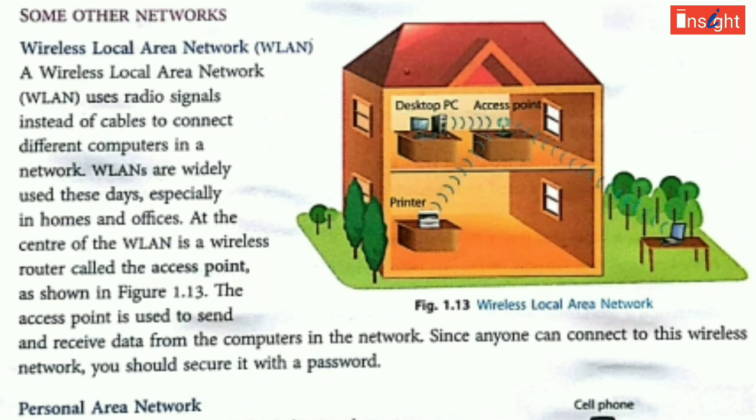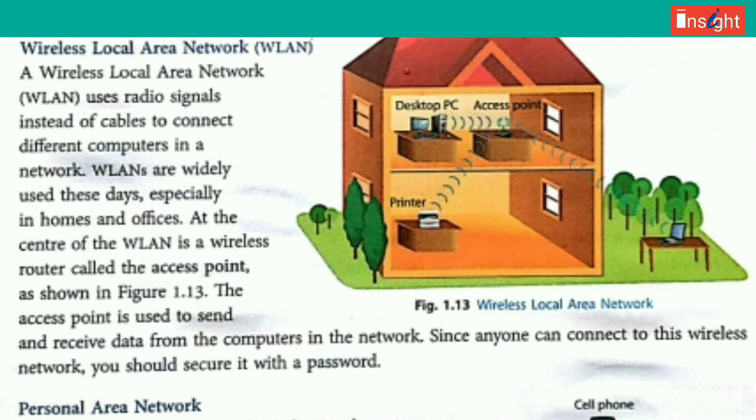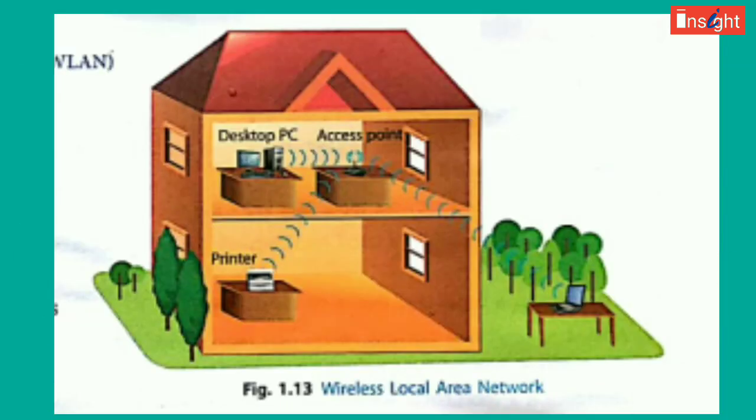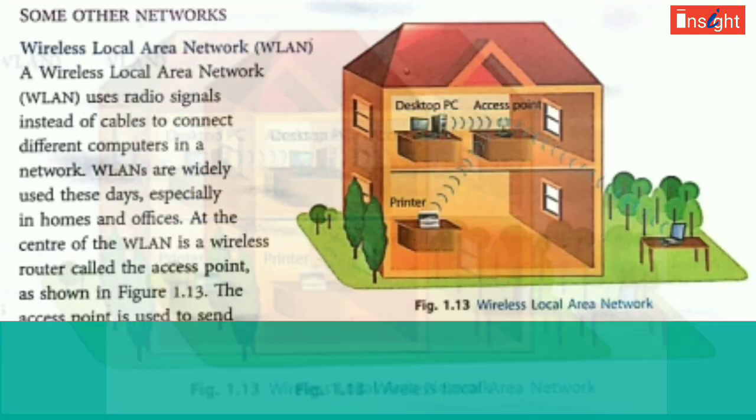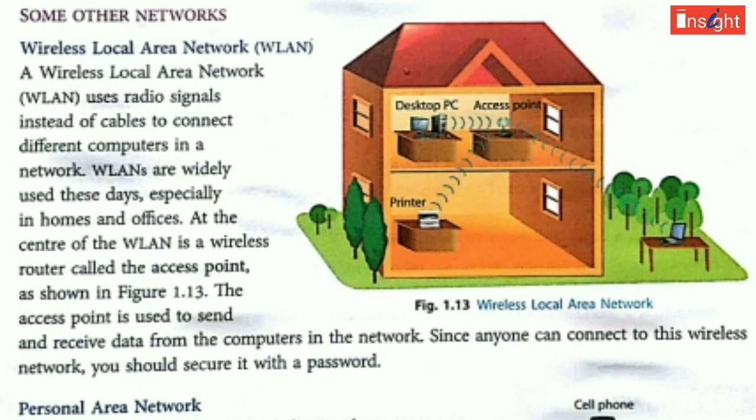At the center of the WLAN is a wireless router called the access point. Here in this figure you can see the access point is used to send and receive data from the computers in the network. Since anyone can connect to this wireless network, we should secure it with a password.